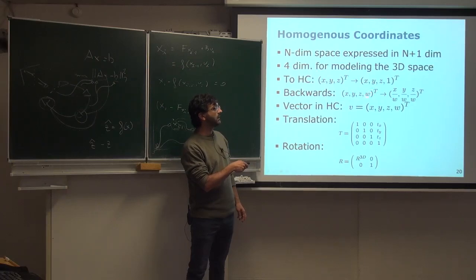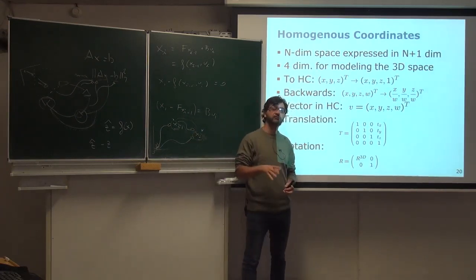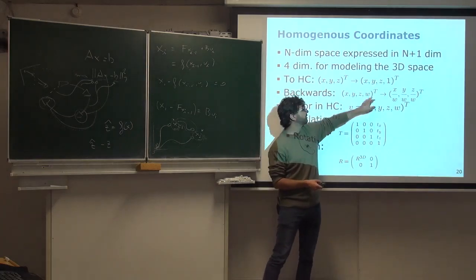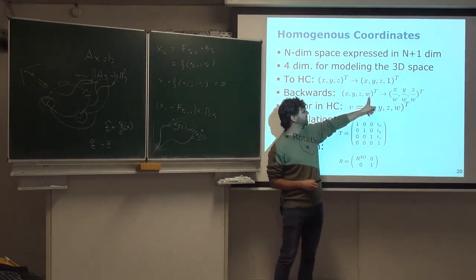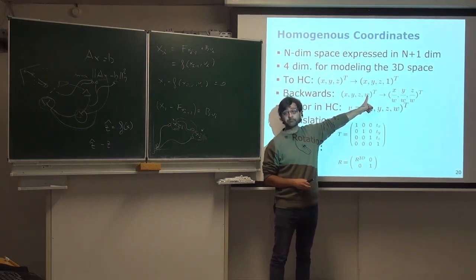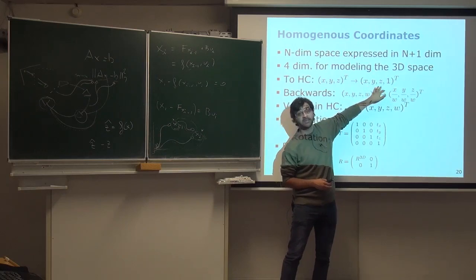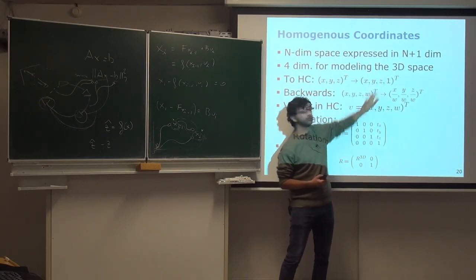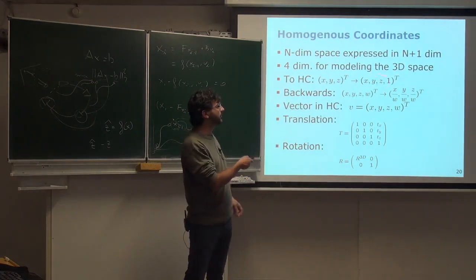Whenever we have a W here, we can just take the first components and divide them by W. For those of you who know a bit of projective geometry and cameras, this is related to the focal length. But for our case, this will always be 1. So whenever we want to get back the x, y, z from the point, we can just take the first 3 elements, because dividing them by 1 is basically the same as taking the elements.